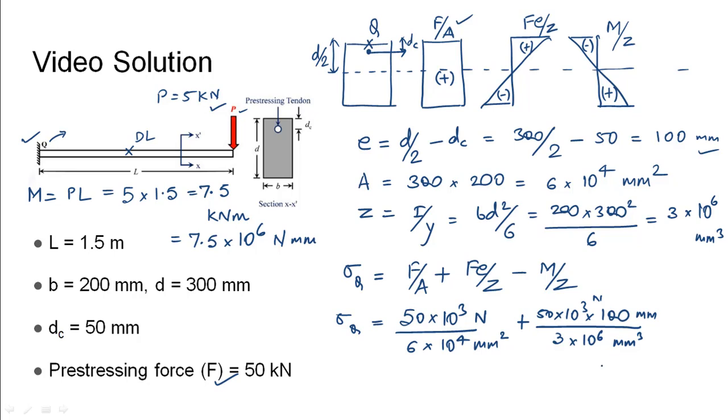The third component will be minus 7.5 into 10 to the power 6 by 3 into 10 to the power 6, will be Newton per mm square.